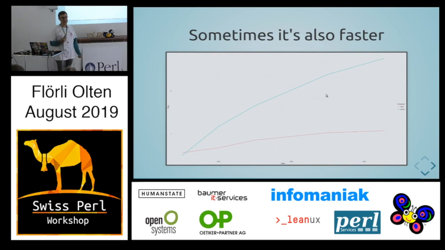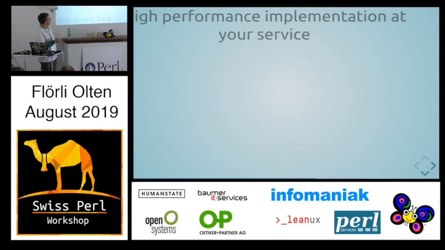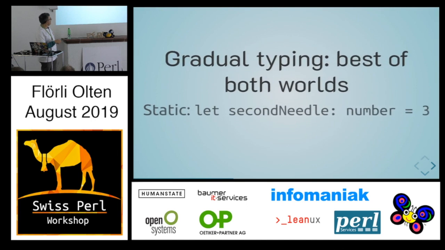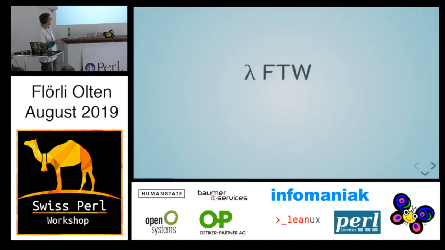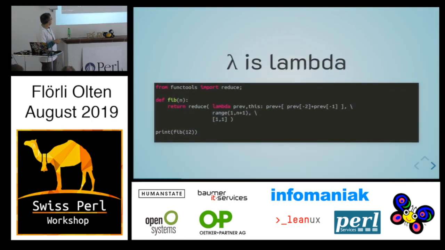Sometimes it's faster. This is the initial thing I did with, you remember Python, right? So what I did was some very simple Fibonacci sequence. What I was generating is a Fibonacci sequence. Here in this case, I was generating it for 12.